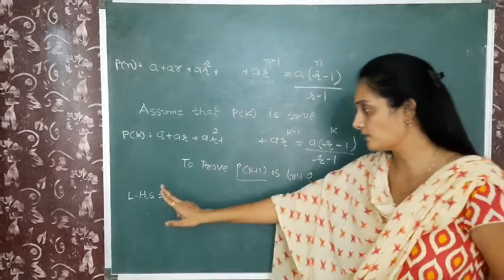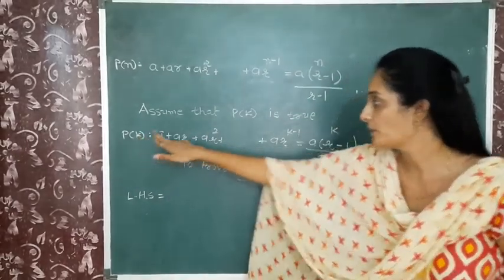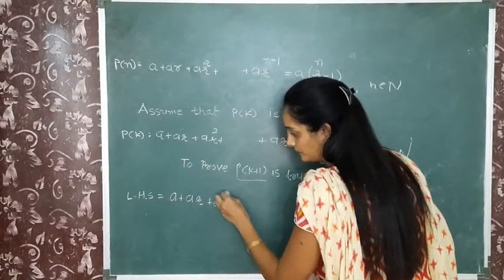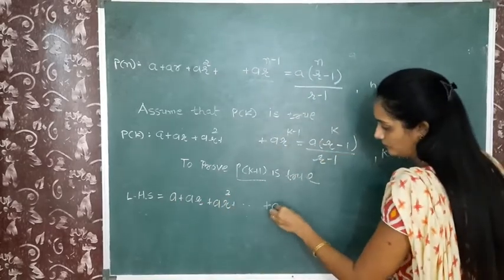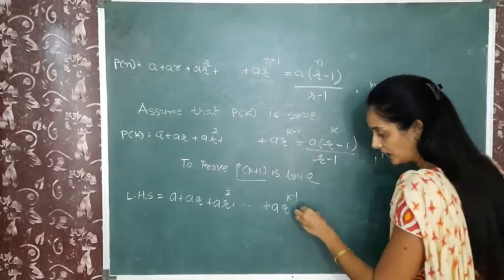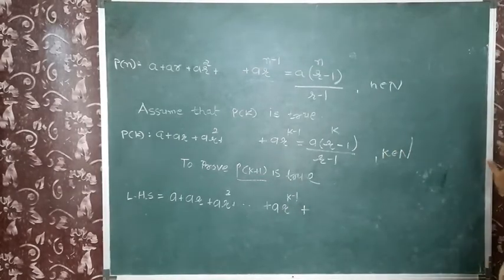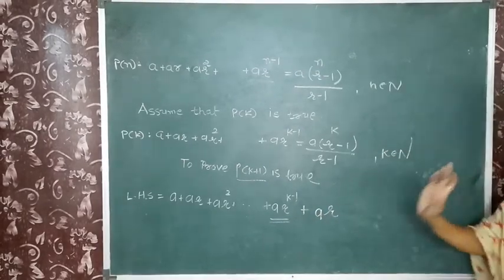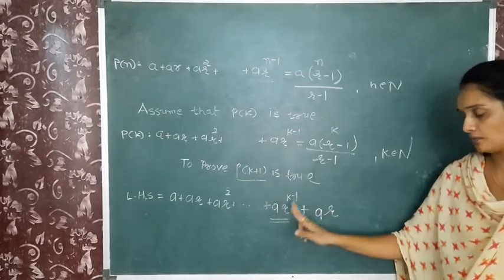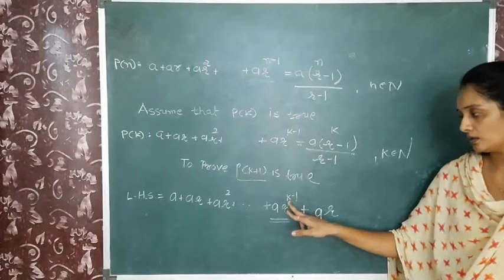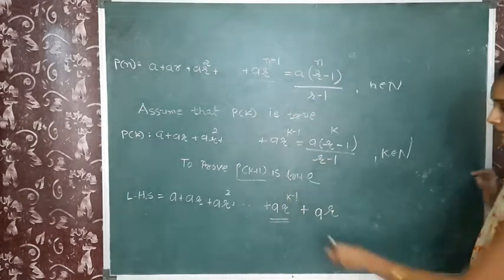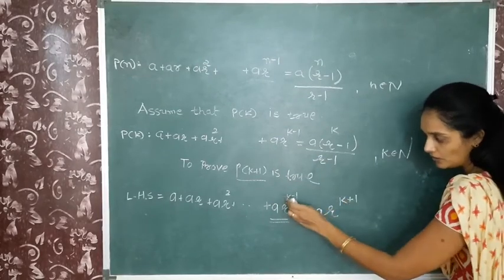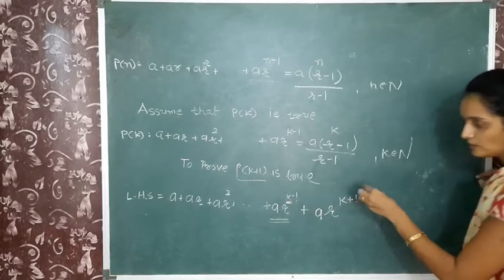In the left hand side, first we have to write down the left hand side of P(k), and then we can write one step more, and this step is the last step of P(k), but we write k plus 1 instead of k. So k plus 1 minus 1.